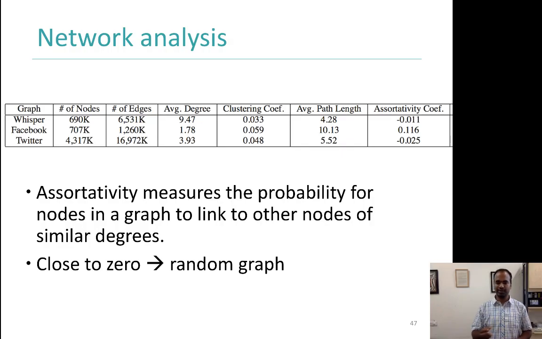If you look at it, it's the lowest value, minus 0.011, which is the assortativity coefficient of the Whisper graph among all three graphs. It basically says that it's a random graph.